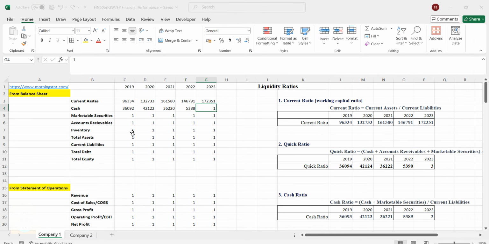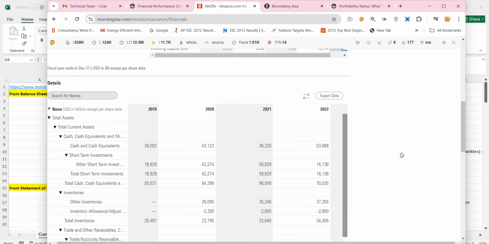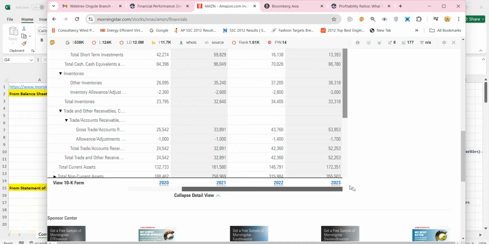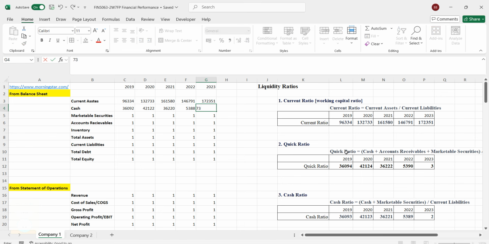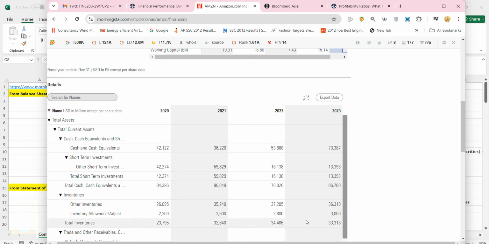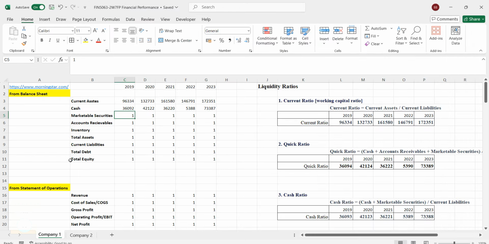Next, 73,387. For marketable securities, just cross check short-term investments. Click on short-term investments, and you will get the value. This is 42,274.